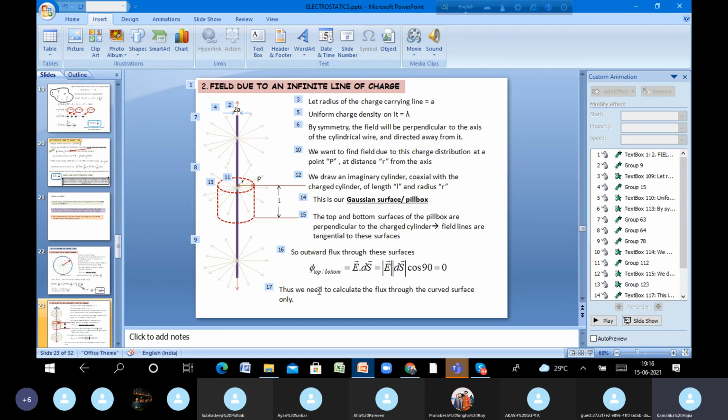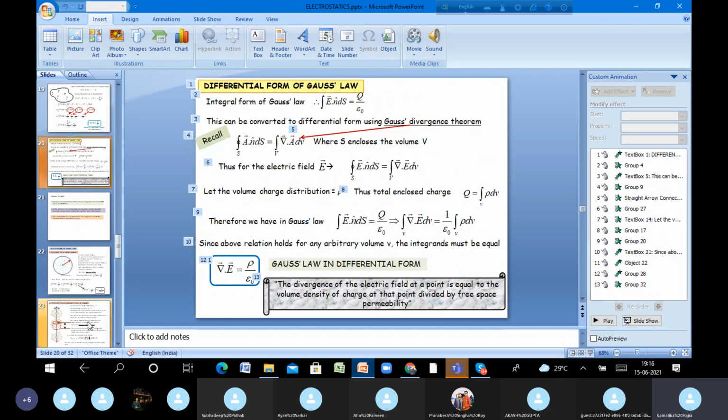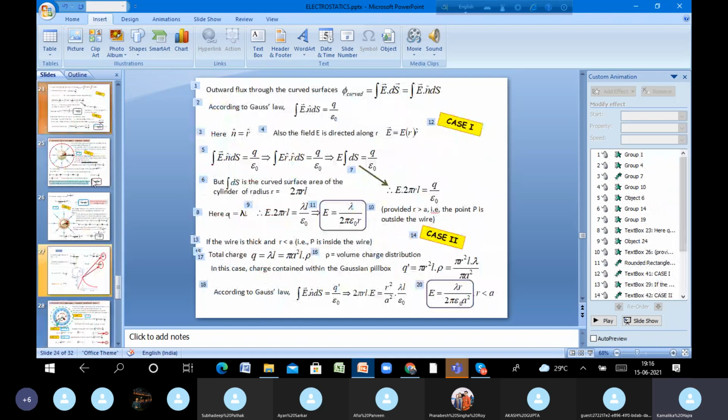So once we determine that flux through the top and bottom surface is 0, we need to calculate the one from the curved surface. Outward flux through the curved surface is E dot ds or E dot n cap ds, and according to Gauss's law, the integral of E dot n cap ds is q by epsilon naught. Now we study two cases.